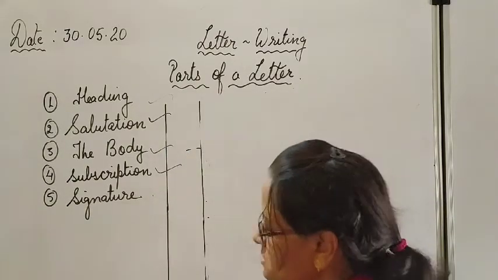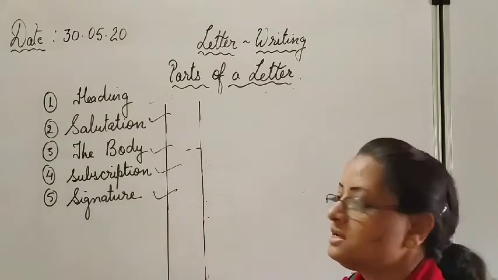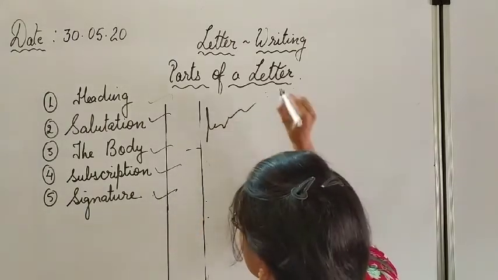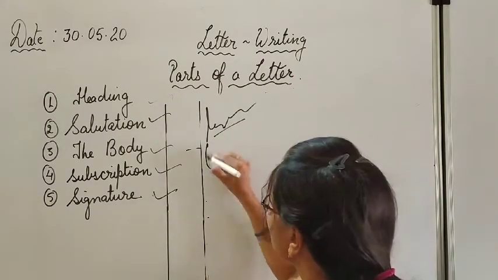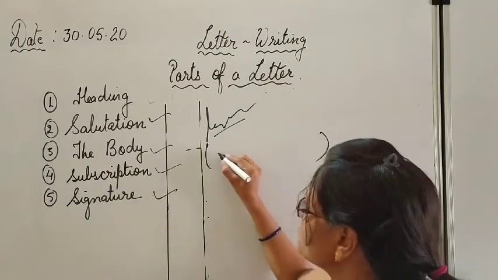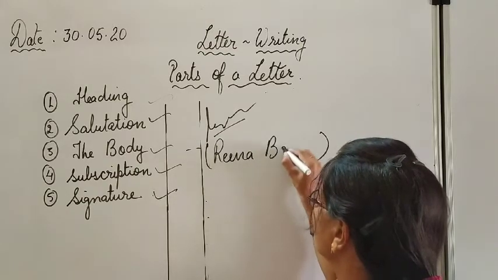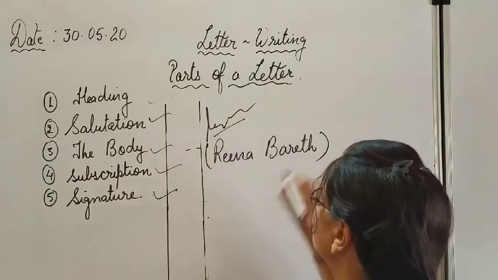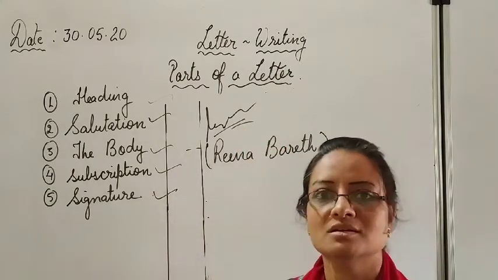After this, signature. As I explained earlier, you may put your signature here, and if you are putting the signature, you should write your name and surname, both beginning with capital letters, in brackets. Put them in brackets if you are putting a signature.